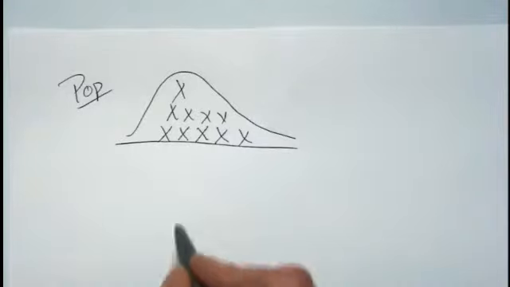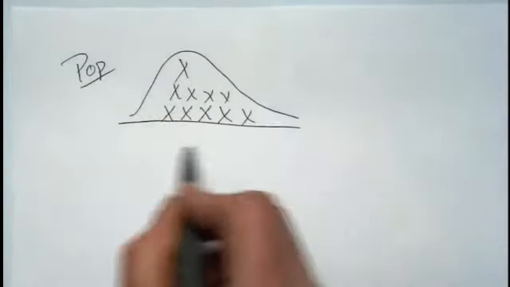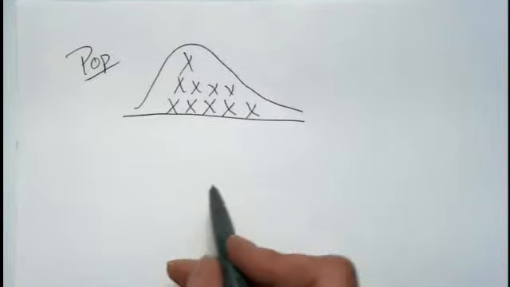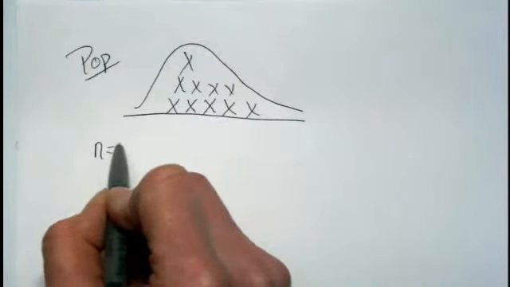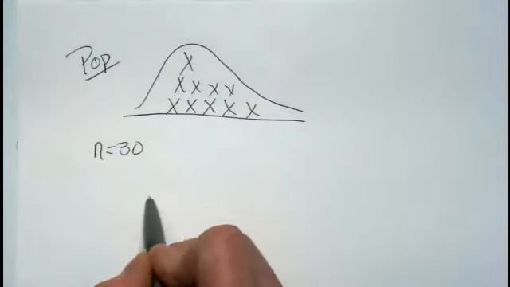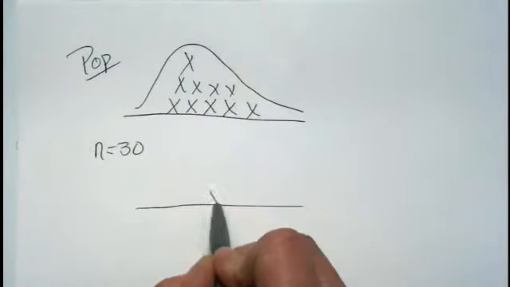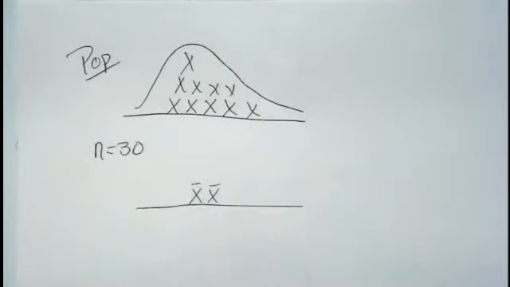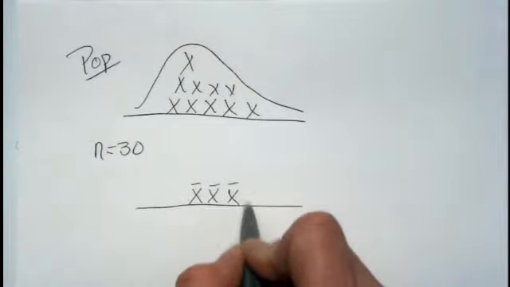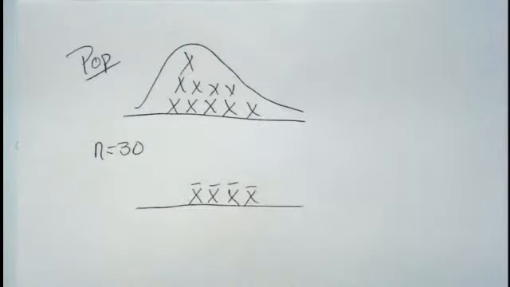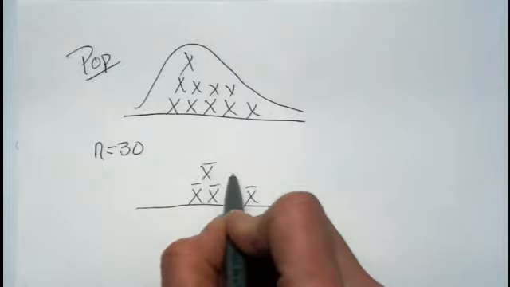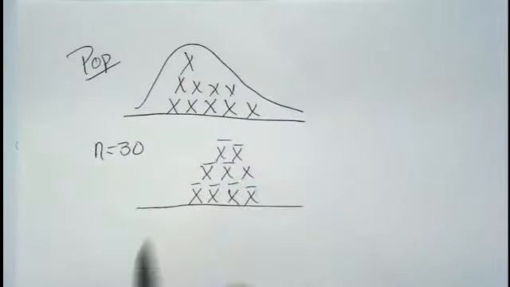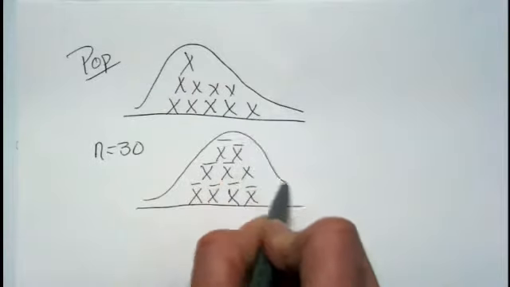If we take, and this is maybe the entire population of Hudson Valley salaries, a sample of, let's say, 30 employees, and I plot those averages of 30, and I take another average of 30 employees, and another, and another, and I'm plotting them, those averages will be normally distributed.